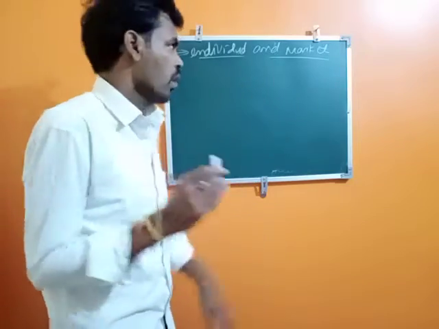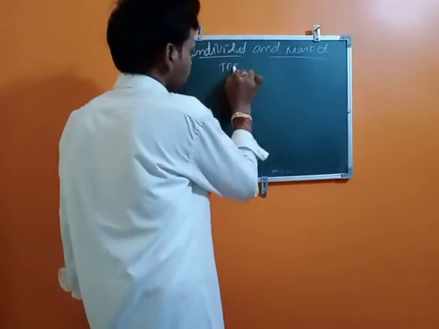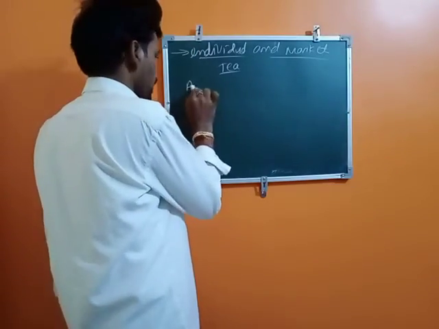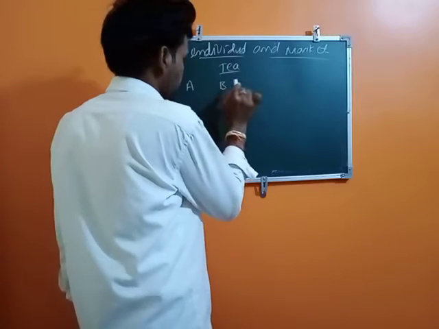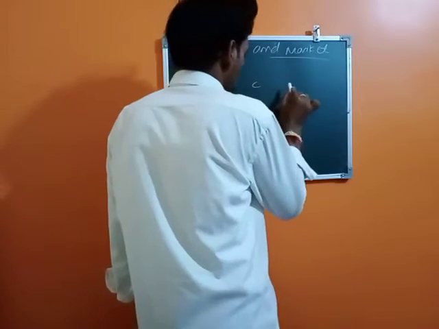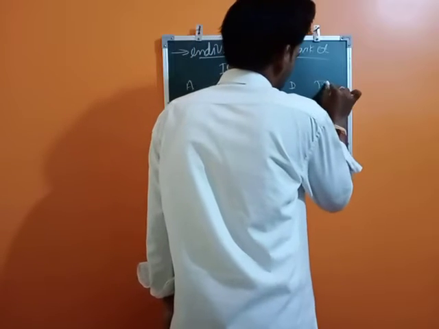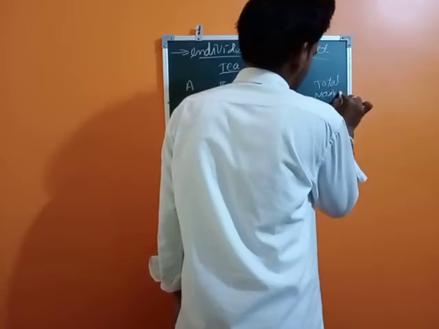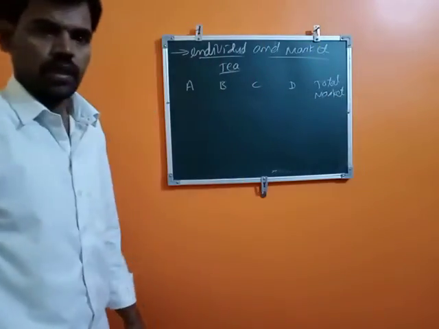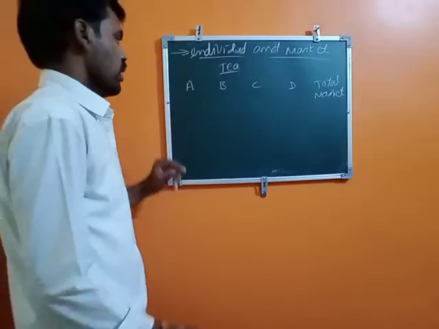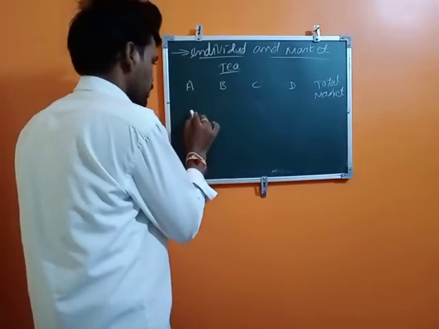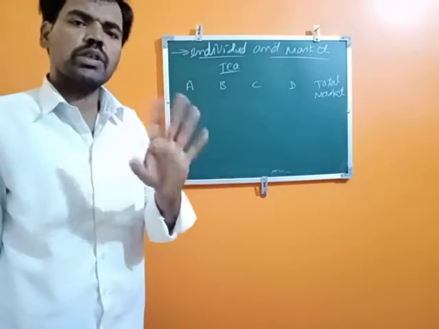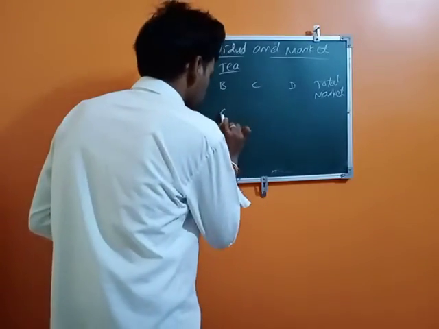For example, assume demand for tea. Person A, person B, person C, person D. The total is nothing but the market demand. Here A can purchase 2 units of tea. B doesn't like tea, so he will not purchase anything.